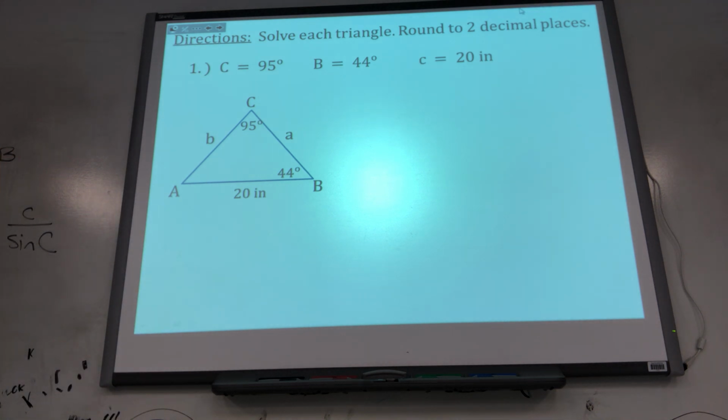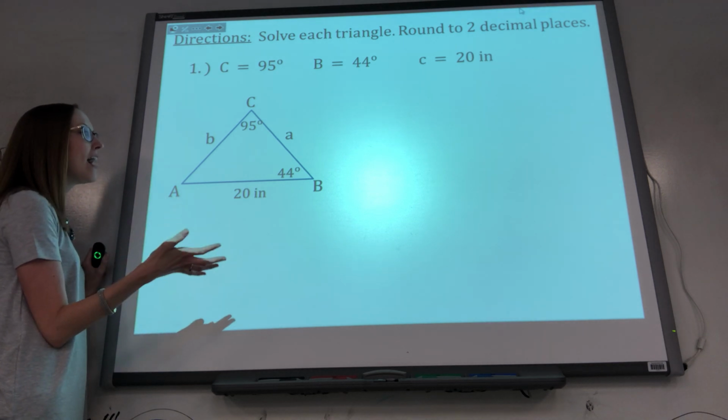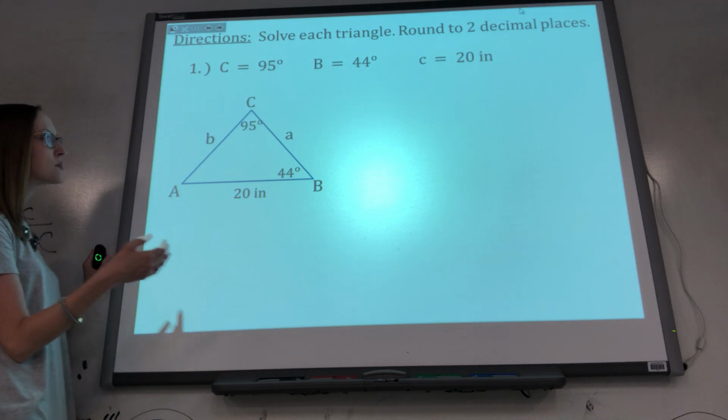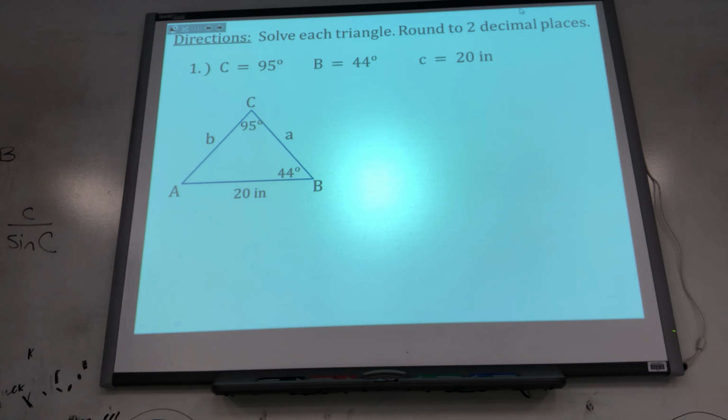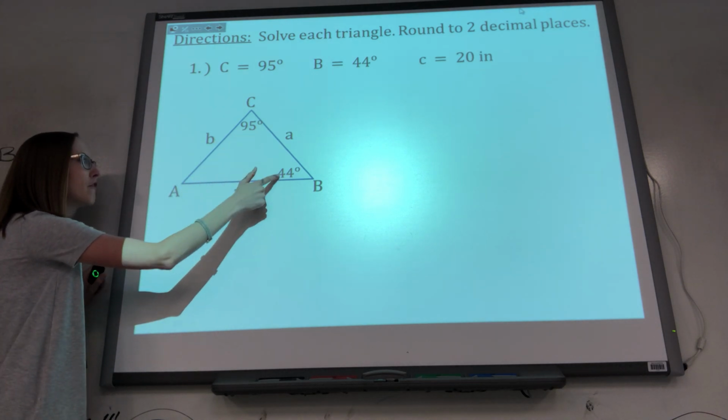Okay, and I mentioned this earlier, but I'm going to say it again. There will be lots of different ways to do these problems, lots of different ways to get started. I like to show you what I'm thinking, but if you think of something different and you get the same answers, that is perfectly fine. Okay, here's what my brain thinks about first.